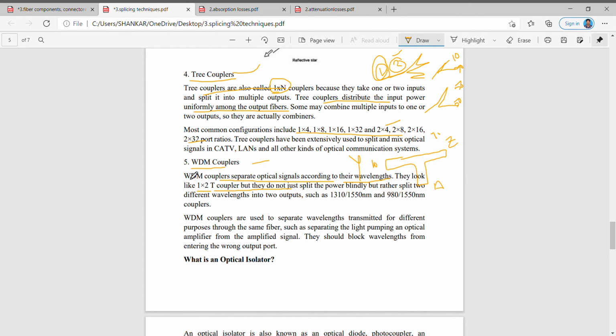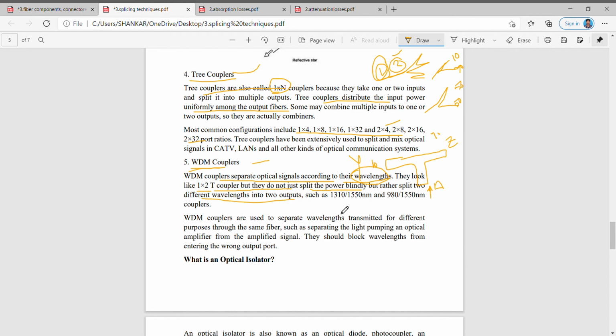But in the case of wavelength division multiplexing couplers, it splits the entire signal into the two output ports based upon their wavelengths. It is not a blind splitter. It splits the data based upon their wavelength. It does not split the power blindly, but rather splits two different wavelengths into two outputs.